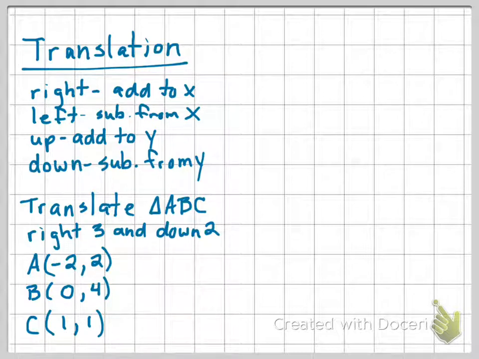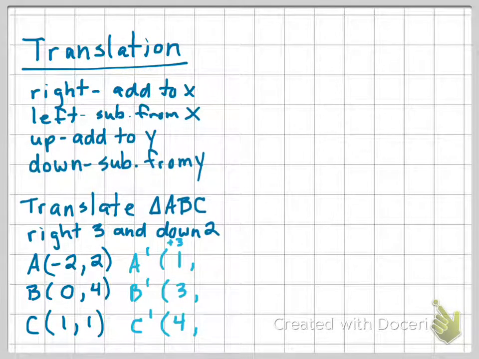Okay, so if I've got my coordinates, I'm trying to find A prime, B prime, and C prime, so that I find my new coordinates. Okay, I know that since it's going right 3, I'm going to add 3 to the x. So I'm just going to take each of these x values and add 3 to it. So negative 2 plus 3 is 1, 0 plus 3 is 3, 1 plus 3 is 4.